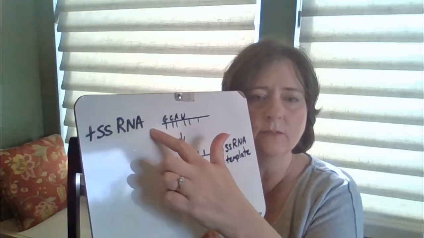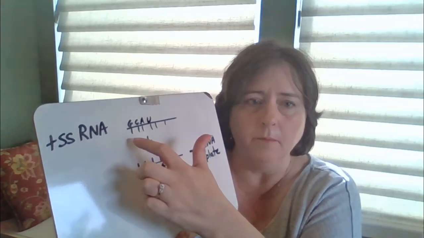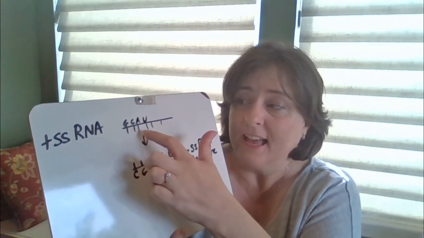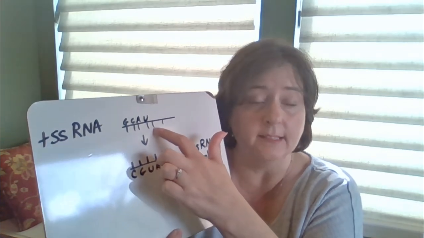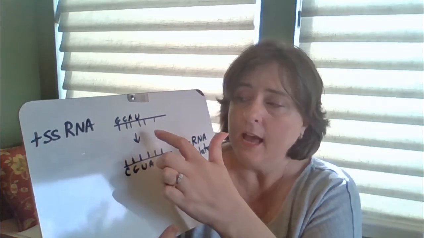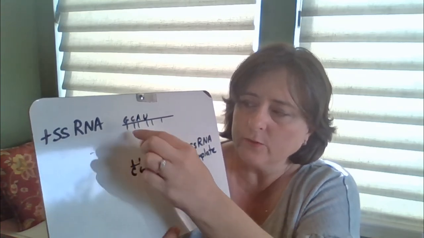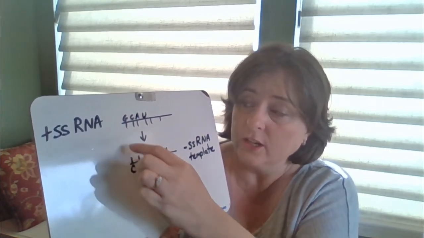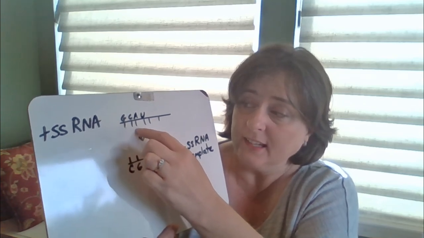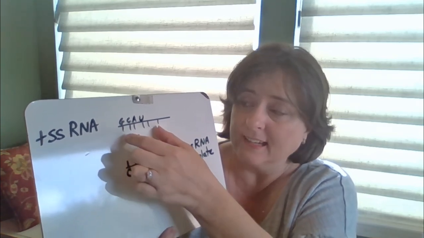If it is positive single-stranded RNA, this is just a strand of nucleic acid with bases: guanine, cytosine, adenine, uracil, because it's RNA here. It is going to use complementary base pairing, and the machinery is going to come in and lay down a match. And you're going to get a C and a G and a U and an A, and it's going to lay down that match.